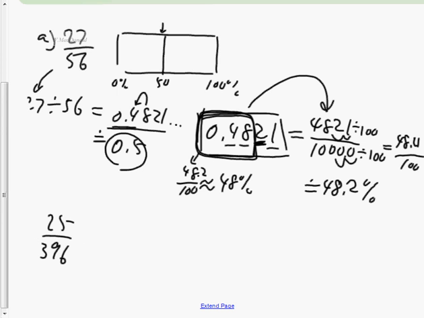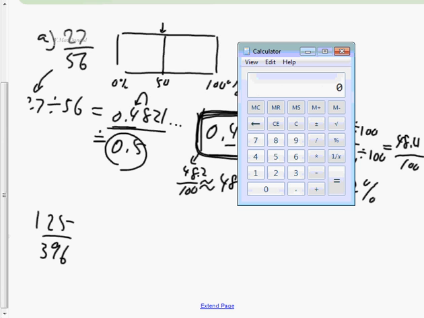Okay. So we're going to do the same process we did before. I'm going to take a calculator, go 125 divided by 396, and that equals 0.3156. And notice how the 56 repeats forever. So I can actually put a bar above that. We'll talk about that a little bit later.